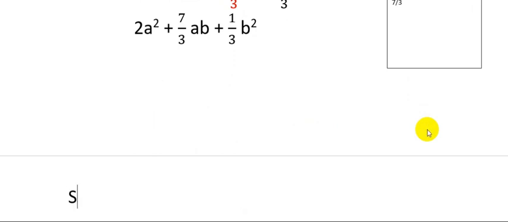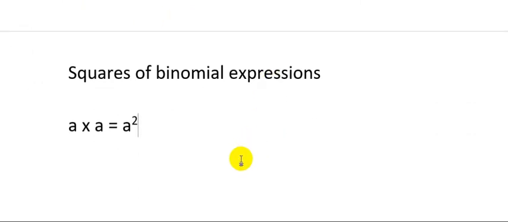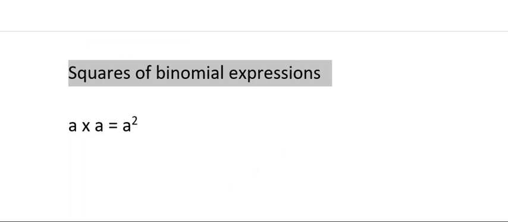Squares of binomial expression means, which is very simple, in other words, what you are going to do is multiply the same terms, that is, you take the square of the binomial expressions. If I start with a very simple example, a multiplied by a is equal to a square. As you can see, both are similar terms.